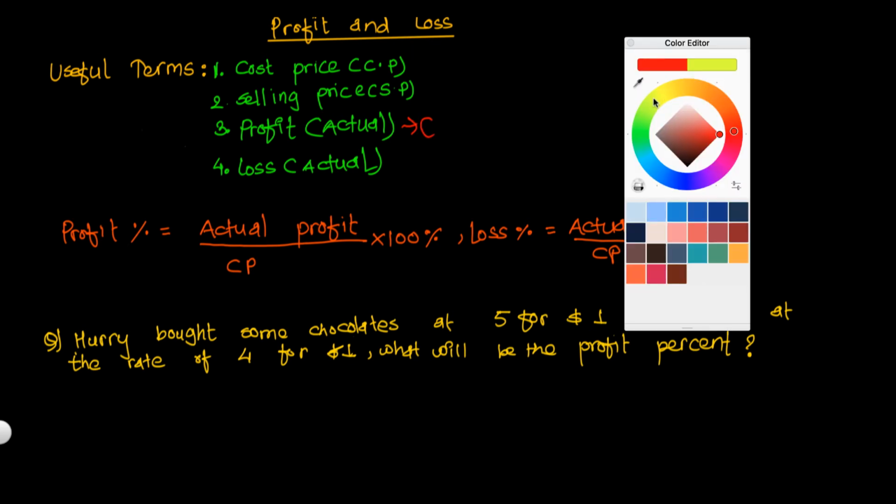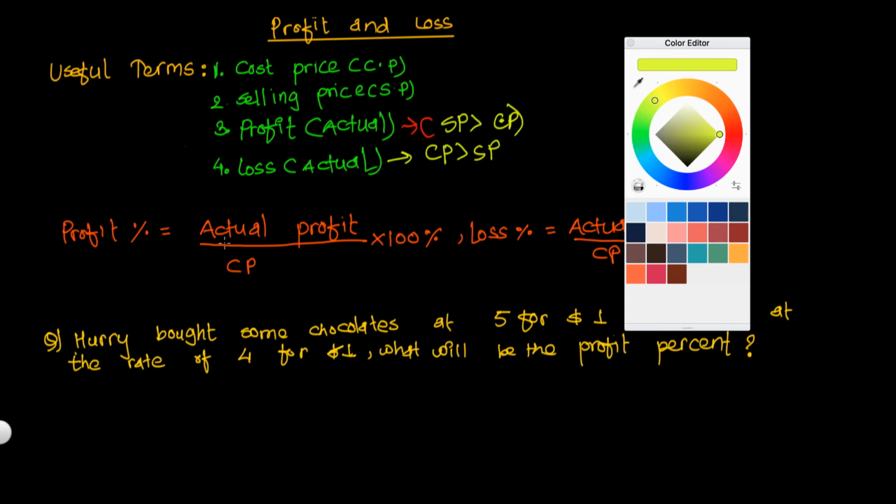So for the profit, you will always have SP greater than CP. Your selling price is always greater than CP. Similarly, loss happens when your CP is greater than SP. That means your cost price is higher than your selling price. You will get a loss.